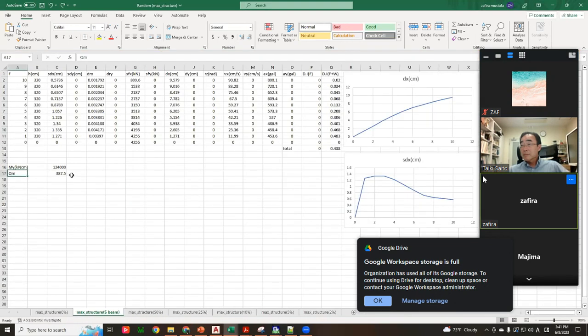It's almost 300. How did you calculate QM? QM equal to... Could you click?